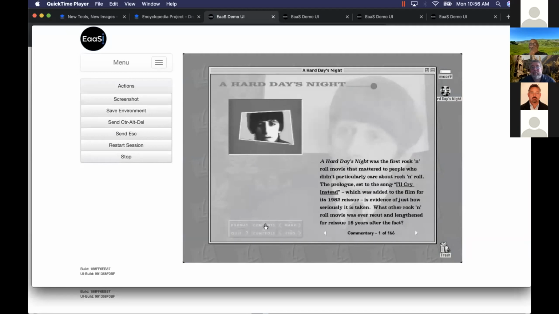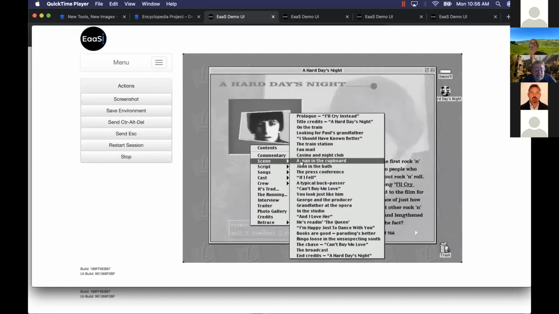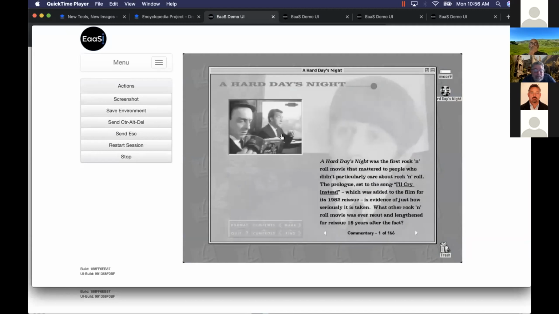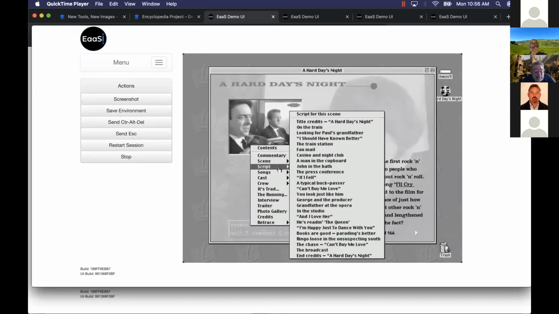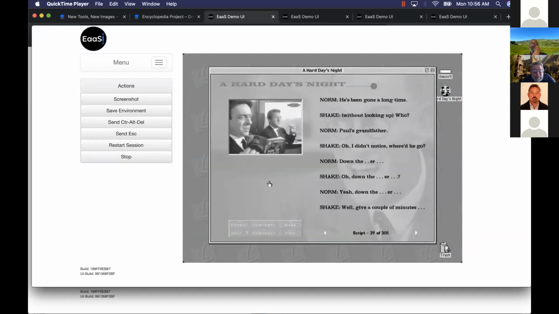You could look at this film by scene. For example, we can go to looking for Paul's grandfather. But we could also look for it with the script. Let's go looking for Paul's grandfather, and it'll continue from where we were.